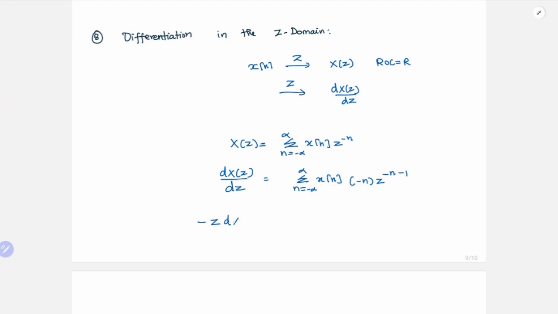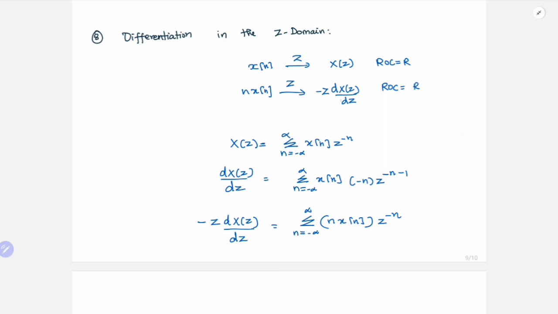So minus Z dX of Z by dz gives me summation n equal to minus infinity to infinity n x of n Z power minus n. So n x of n gives me minus Z dX of Z by dz, and my ROC is not going to change.